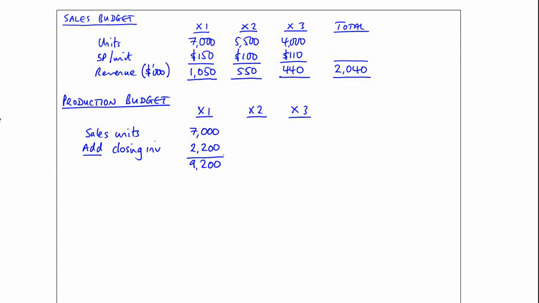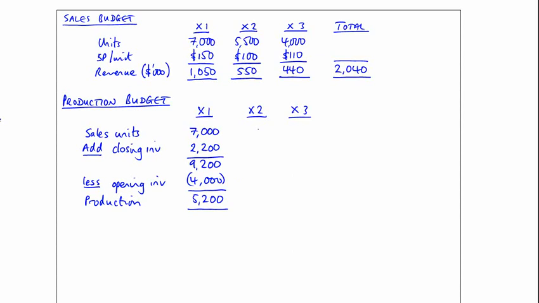So we somehow need to get our hands on 9,200 units. 7,000 to sell to our customers and 2,200 to have left in inventory at the end of the period. But we've already got 4,000 in opening inventory. That means we only need to produce 5,200 units. Okay, so that's the important bit. It's sales units, add on closing inventory, deduct opening inventory to get your production.